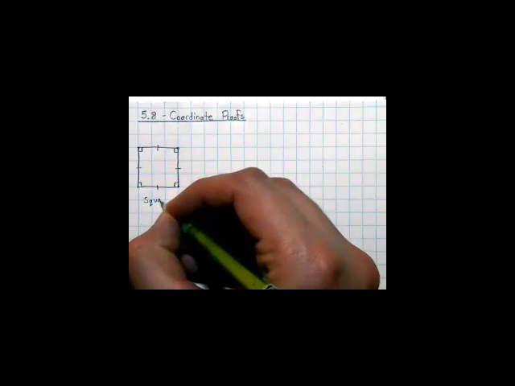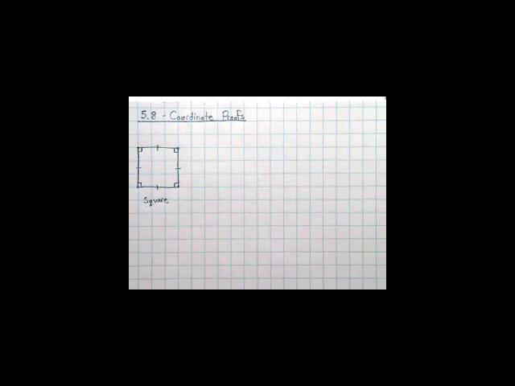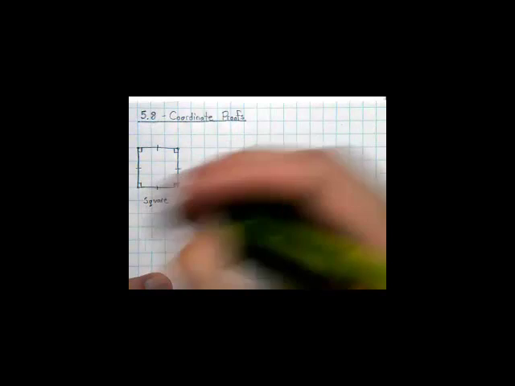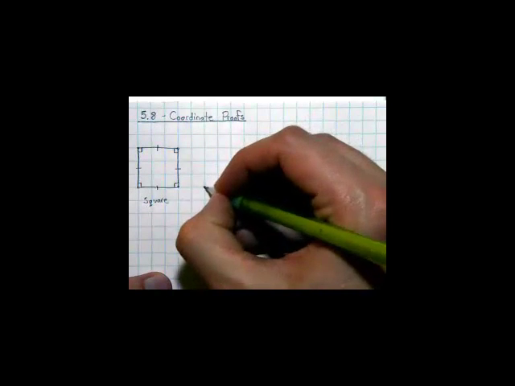Now, there are some additional problems involving the diagonals of the square and that sort of thing, but we don't necessarily need to do that with what we're doing here.